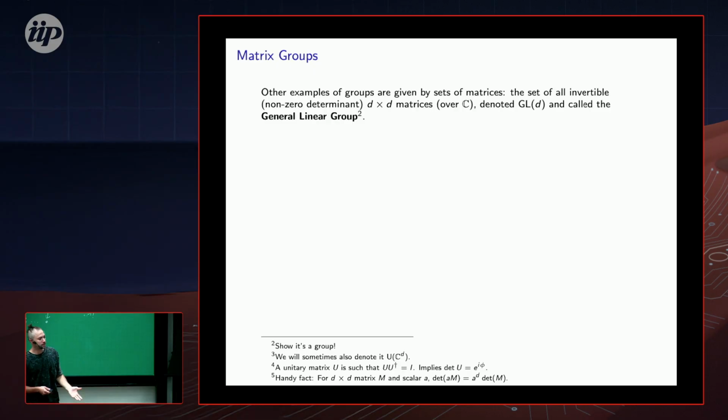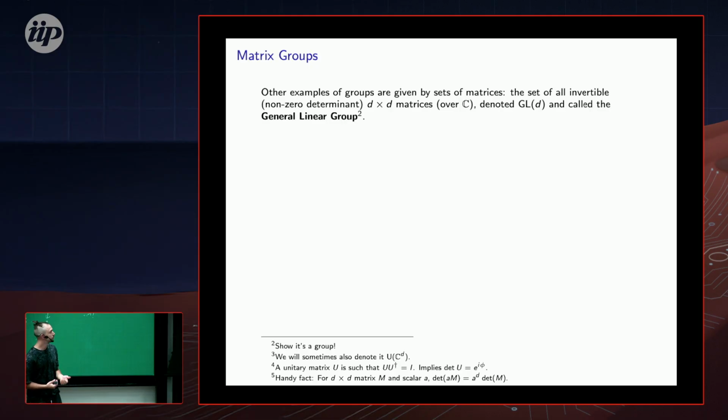So we presented a finite group called the symmetric group. Now we will present another example of groups, in this case sets of matrices, with the matrix product being the group operation. For example, the set of all invertible D by D matrices, so the ones that have non-zero determinant, is a group.